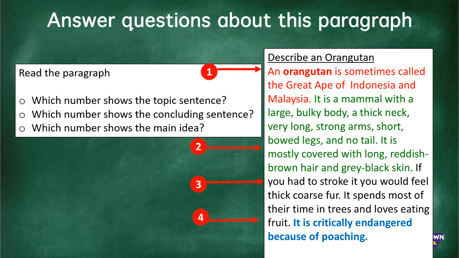So the question, which number shows the topic sentence? Just write down the number that you think shows the topic sentence. Which number shows the concluding sentence? And which number shows the main idea? Have you got those? Okay, so let's check your work.